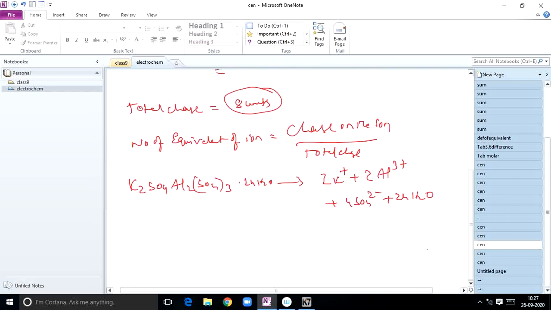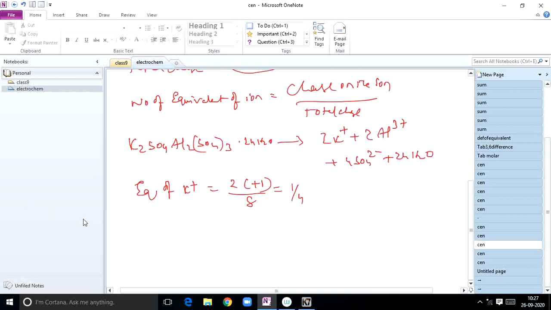So from this we can write equivalence of K plus is equal to charge on the ion, 2 units positive charge, 2 into plus 1 by 8, so 1/4 equivalent. Next, equivalence of aluminum ion. 2 aluminum ions are there, 2 into its net charge plus 3 by 8. So this, how much? 6 by 8 means 3 by 4.